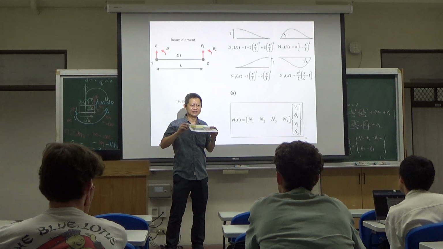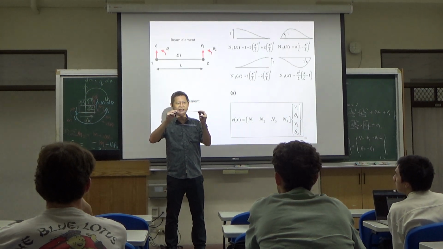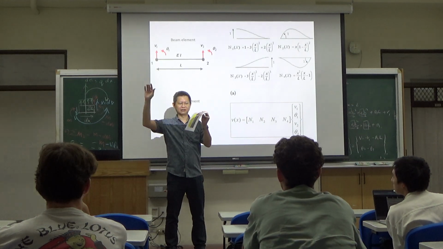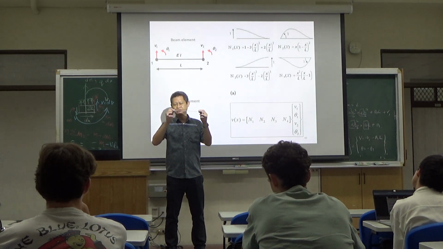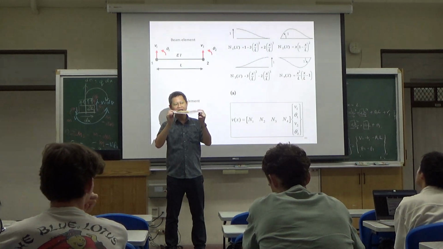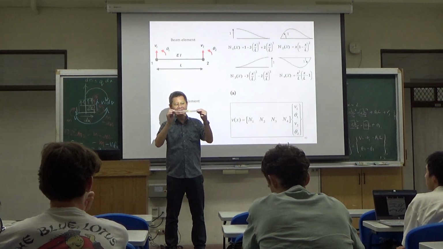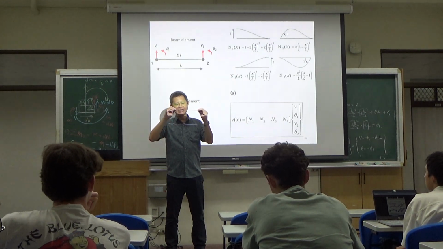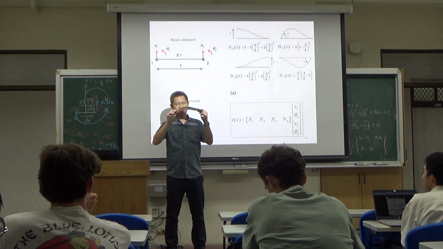And then next, what about the shape function of unit angle on the right hand? My right hand does not move vertically. My left hand also does not move, and it is clamped so the angle is 0. I now turn my right hand by a unit angle. What is a unit angle?